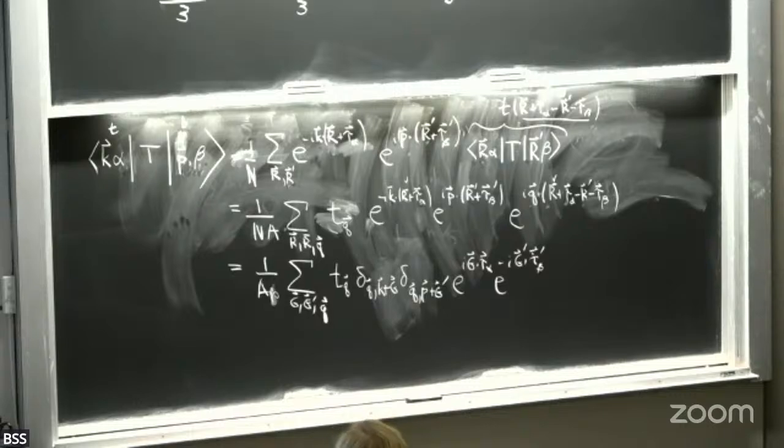It's that of a quasi-crystal because I have two reciprocal lattice vectors, G and G prime. So these Moire systems are generically quasi-crystals.